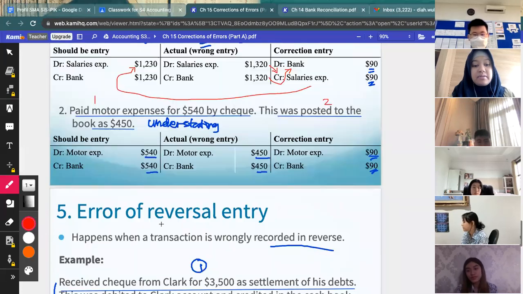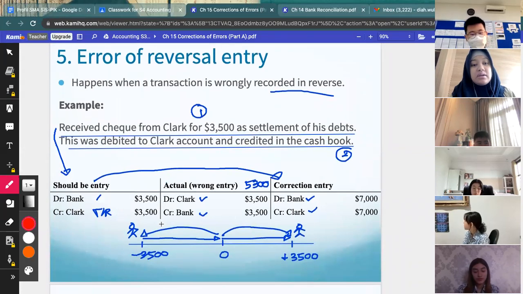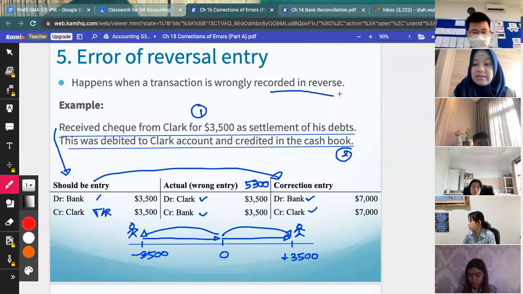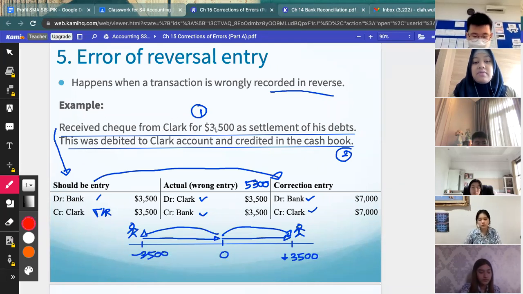Clear, yeah? Okay, continue to reversal. Number 5. Do you have any question before I continue? No? Okay, good. Reversal. It happens when a transaction is wrongly recorded in reverse. This is the common mistake done by students. Reverse entry. Okay. Received check from Clark for 3,500 as settlement of his debts.